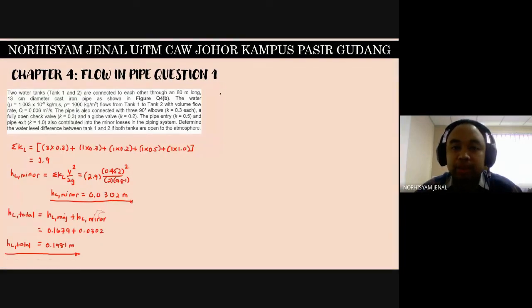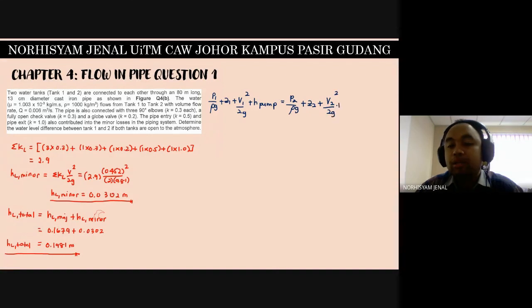So the energy equation here is P1 over rho g plus Z1 plus V1 square over 2g. We don't have any H pump, so we don't have to add any. But I just put H pump here. Okay, equals to P2 over rho g plus Z2 plus V2 square over 2g plus H turbine plus HL total.